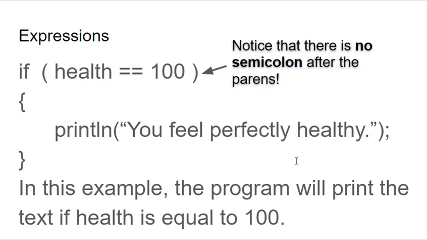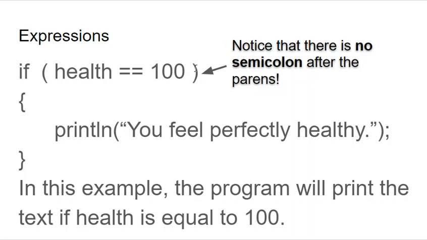All right, and notice that there's no semicolon following the if statement. I see a lot of people think, oh, okay, I need semicolons at the end of every line. Well, not if you're testing an expression, not after an if or a while, because if you put a semicolon here, the semicolon means the end of a statement. So you're saying if the health is equal to 100, do whatever comes after the expression.